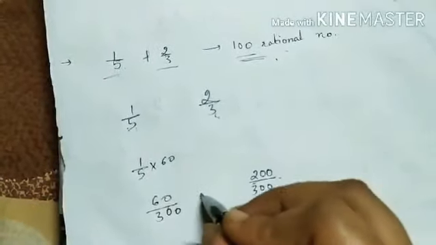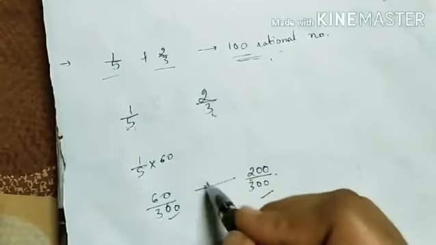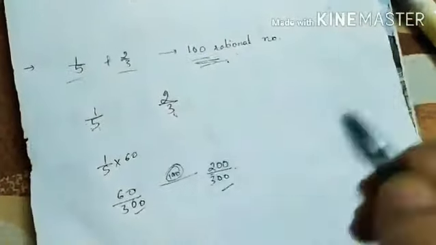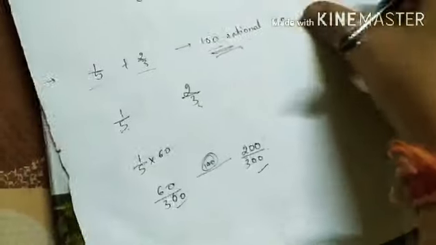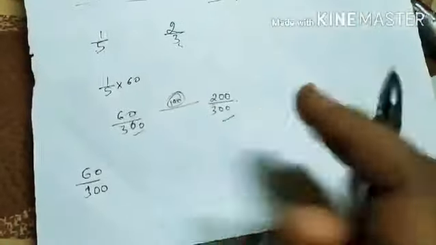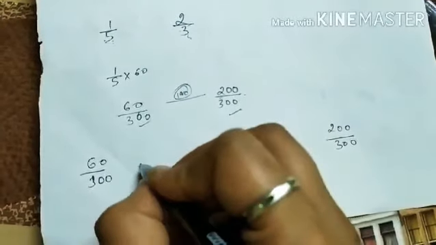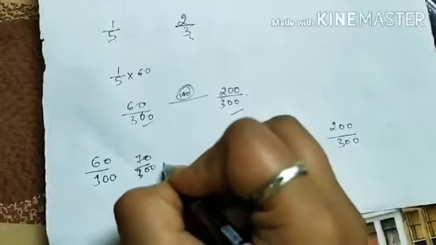See, the denominator is the same, right? And how much distance do we have? We have 140 something, right? So we can accommodate 100 rational numbers between these two rational numbers. That's 60 upon 300, and this is 200 upon 300. So we can write 100 rational numbers between these two.